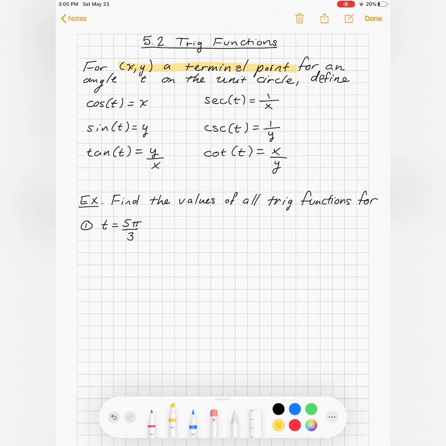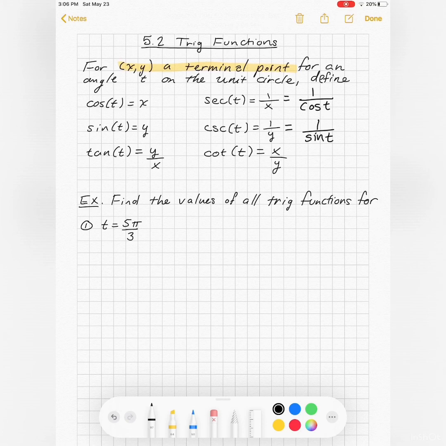the y value sine of t, the tangent of t is the y value divided by the x value, the secant of t is 1 over the x value, so you could also write this one as 1 over the cosine. The cosecant is 1 over the y, so I could write that as 1 over sine.